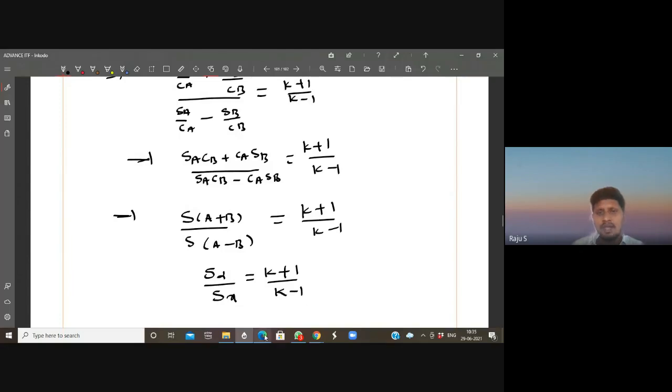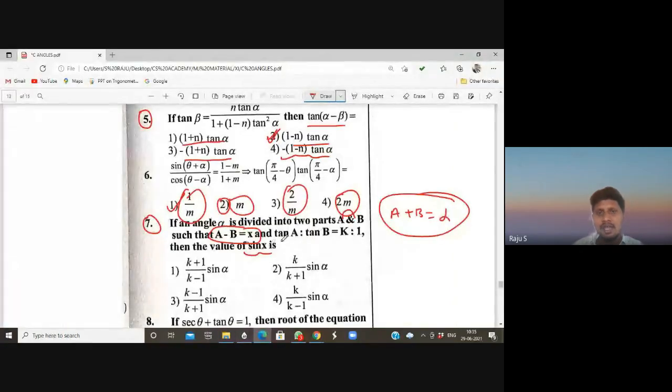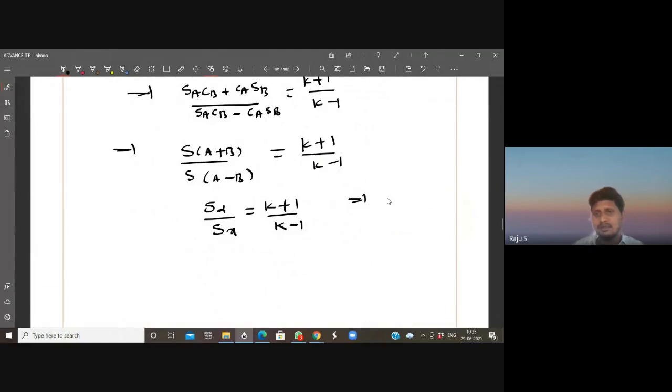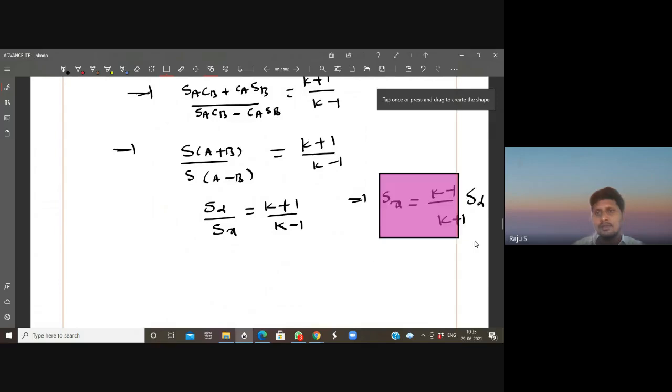But what is the value we require, students? Sine x. You can write its reciprocal or else cross multiply. Sine x is equal to k minus 1 by k plus 1 into sine alpha. Am I right? Is it right, students?